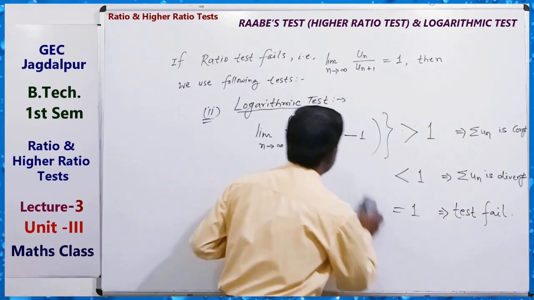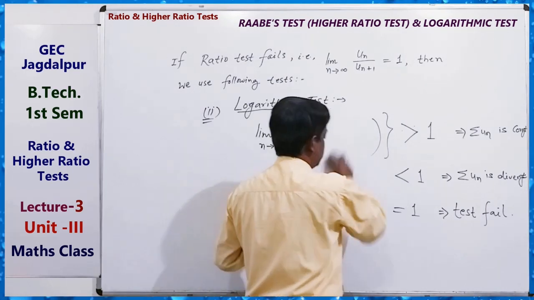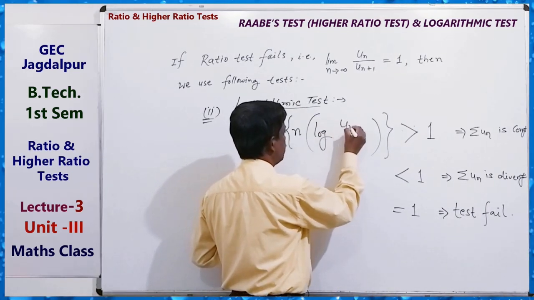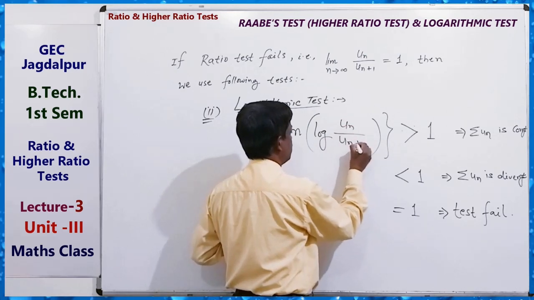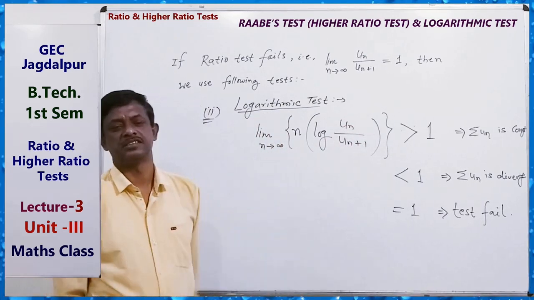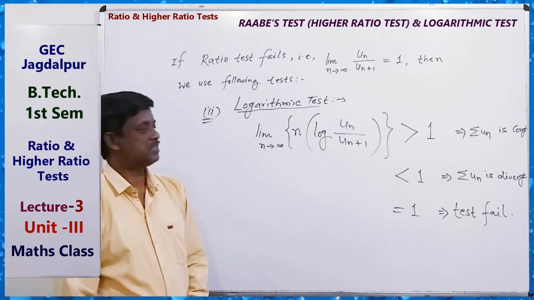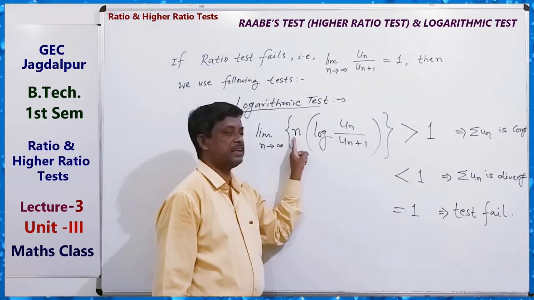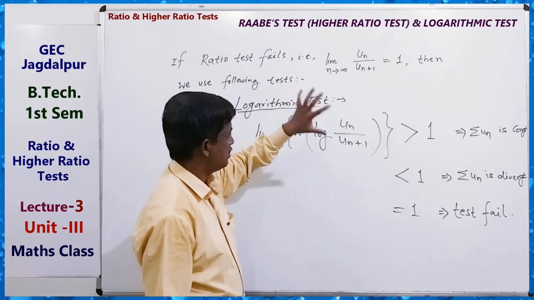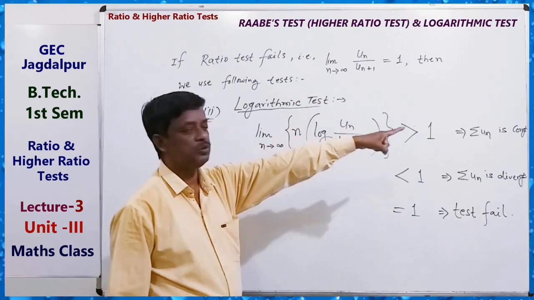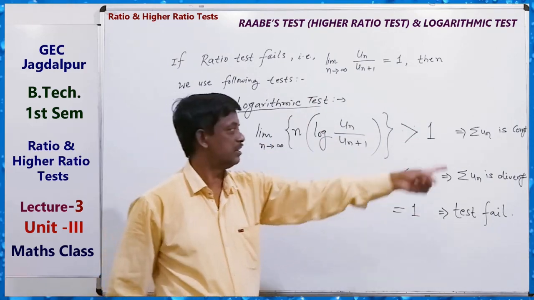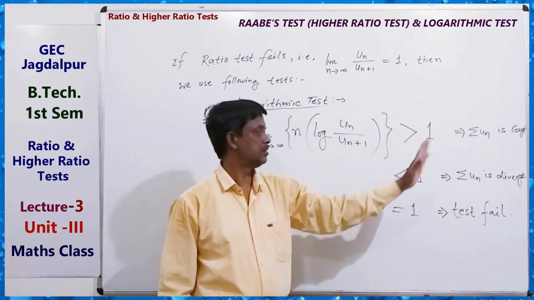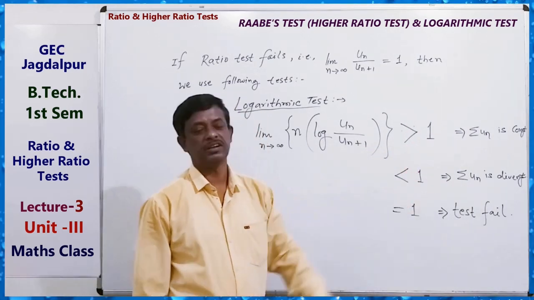In the case of the logarithmic test, we take the logarithm of un upon un plus 1. The remaining statement is the same. Just take its log and multiply it by n, and if this tends to a quantity whose limit is greater than 1, it is convergent; less than 1, divergent; equal to 1, the test fails again.